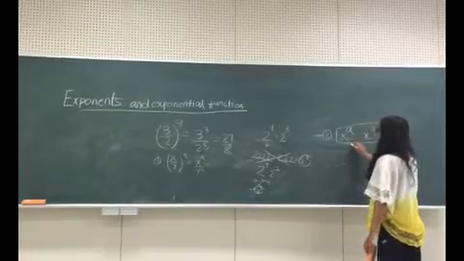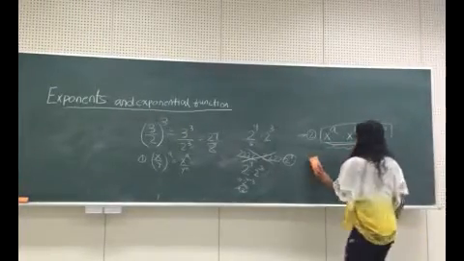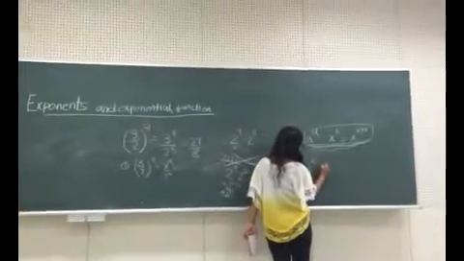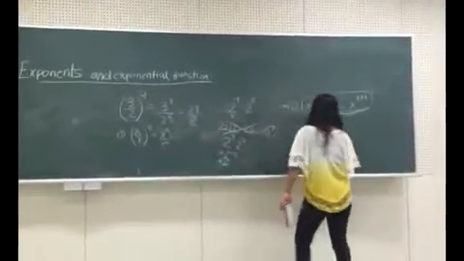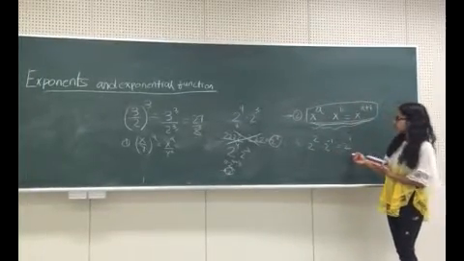And now, let's move to the next part. As we already got this formula, we can write 2 to the power 2 into 2 to the power minus 1 equals 2 to the power 1. Is it? Yeah.